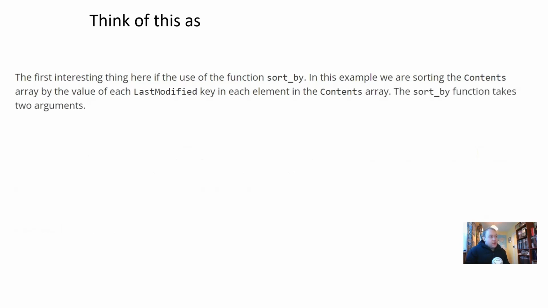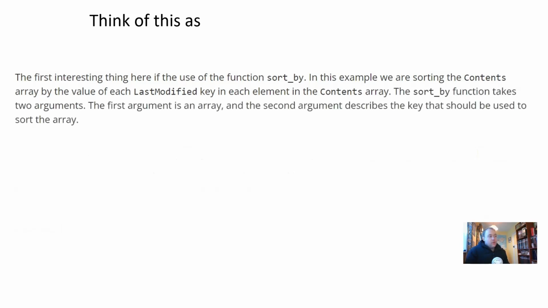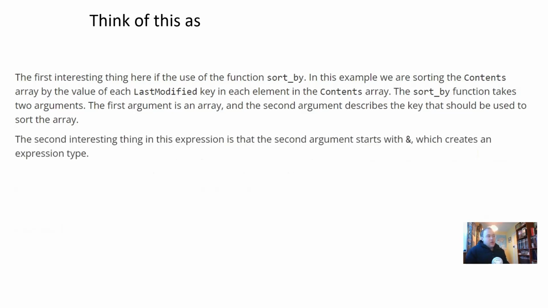The sort by function takes two arguments. The first argument is an array. It's a whole array, and the second argument describes the key that should be used to sort the array. The second interesting thing in this expression is that the second argument starts with ampersand, which creates an expression type. Think of this conceptually as a reference to an expression that can be evaluated later.